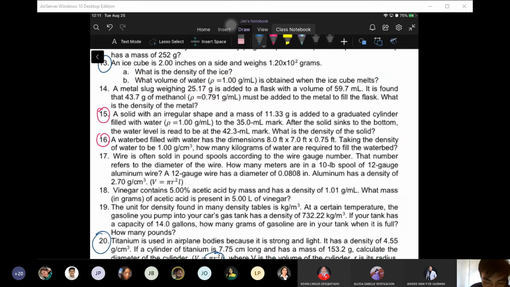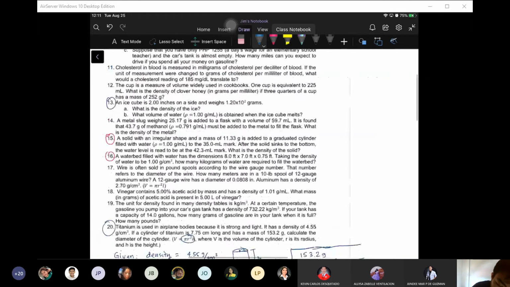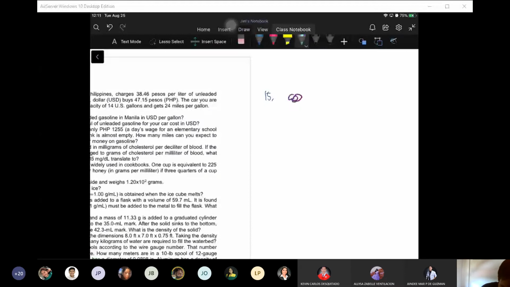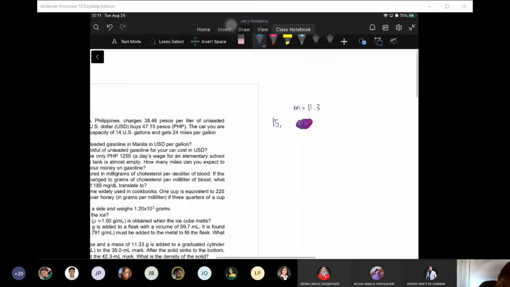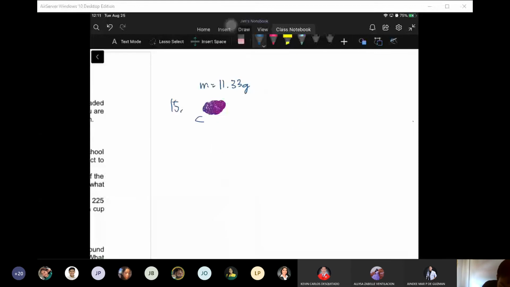So, let's illustrate that. For 15, suppose this is my irregular solid. It has a mass of 11.33. Then I placed it in a graduated cylinder which originally contains 35 ml of water.